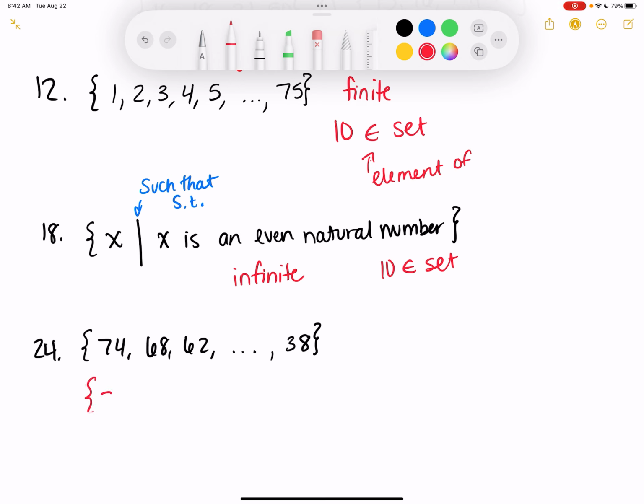So I have 74, 68, 62. What would be next? 56. And then 50. This is a very interactive class. Then what? 44. And then finally we're down to 38, so we can stop.